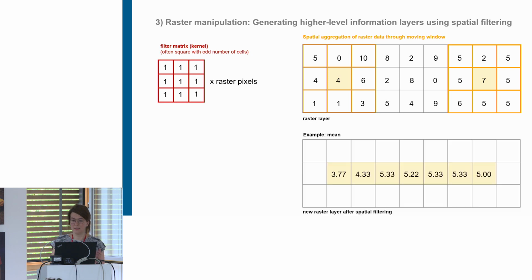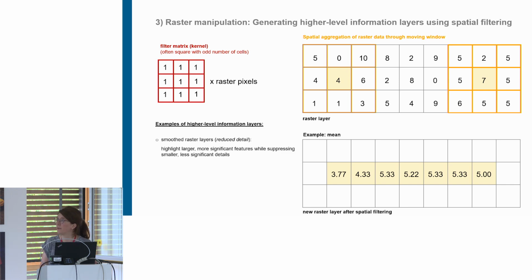You then calculate a new value for the central cell of your moving window and write it into a new raster. In this case, it's a really simple example: the mean of all the values in the moving window.